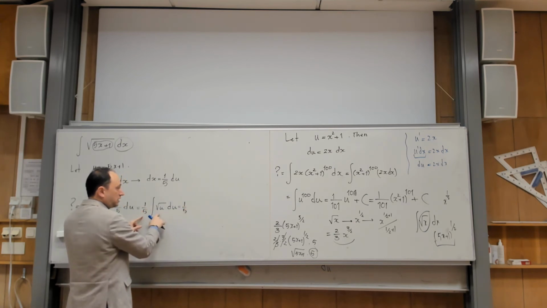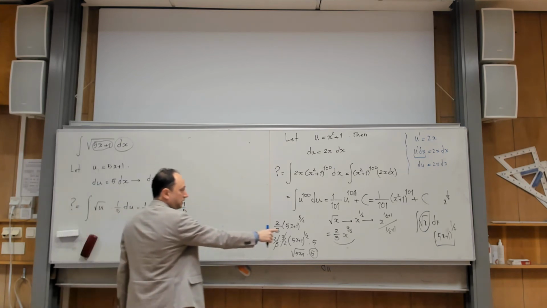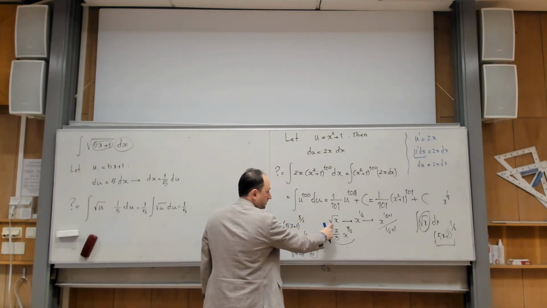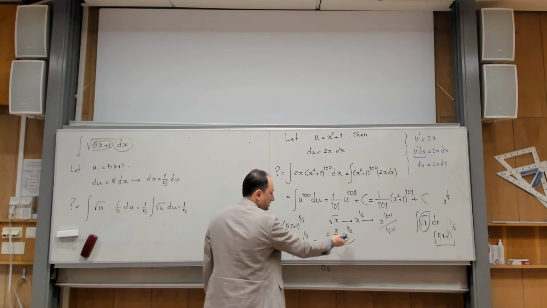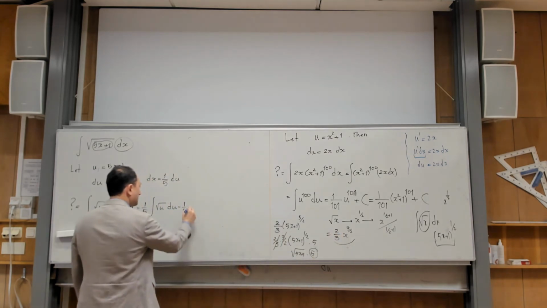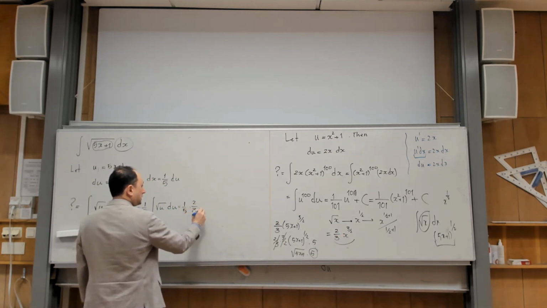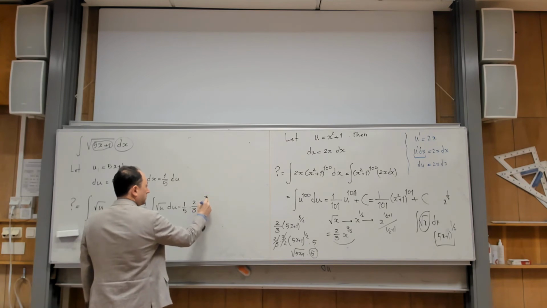But I have already done that, so let me just use that. I have already done that for the square root of x. I got this. Square root of u will be the same, but instead of x, I will have u. So this becomes 2/3. And then u to the power of 3/2 plus a constant c.